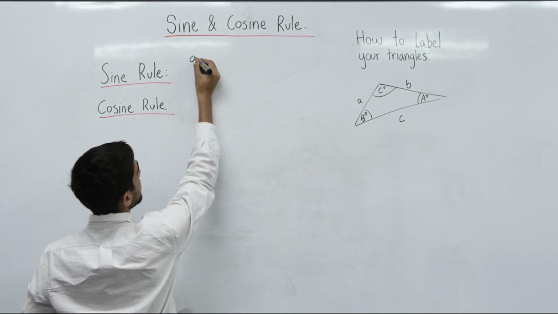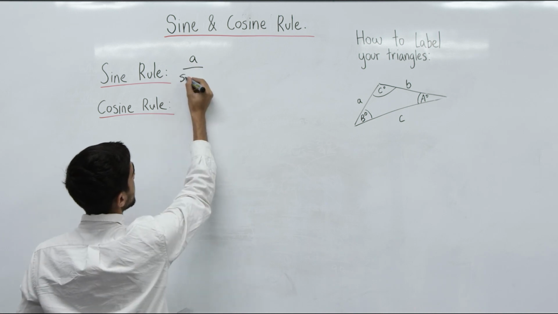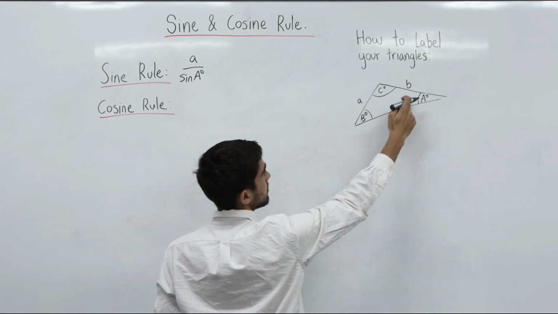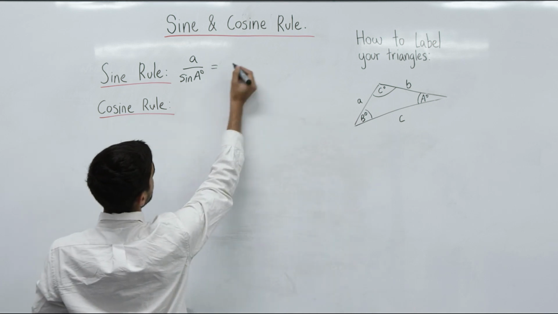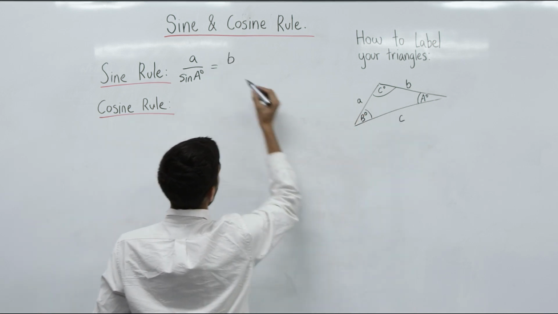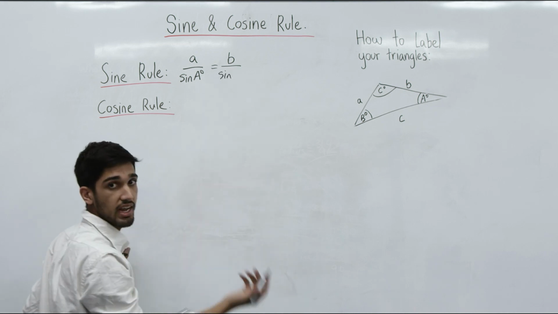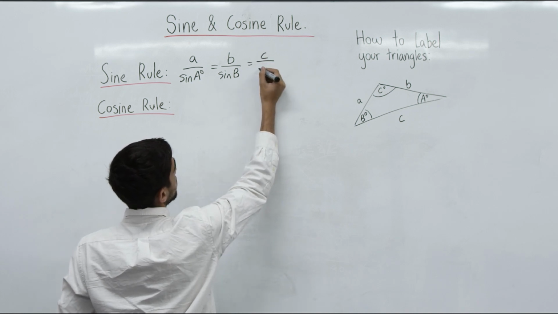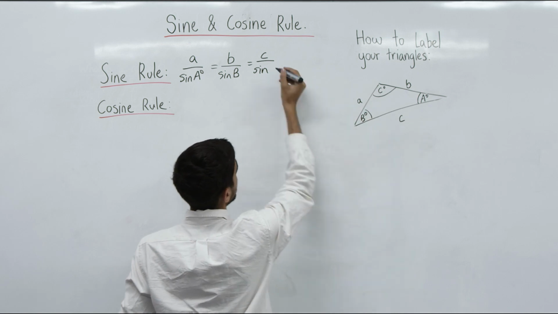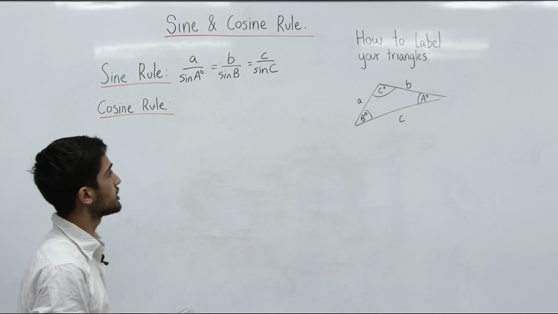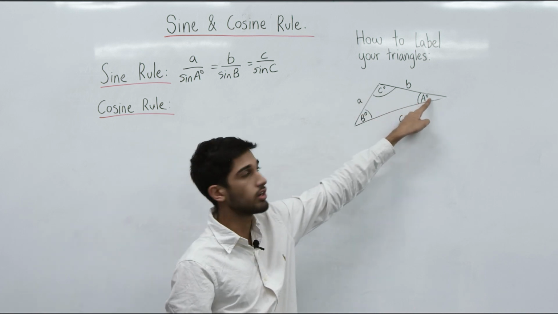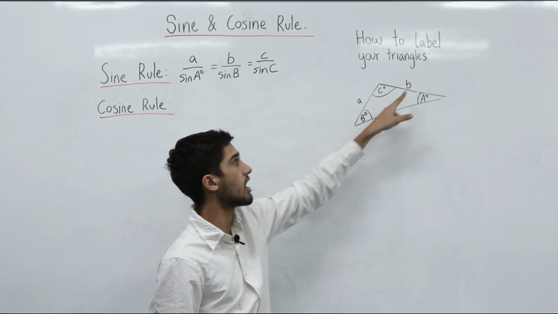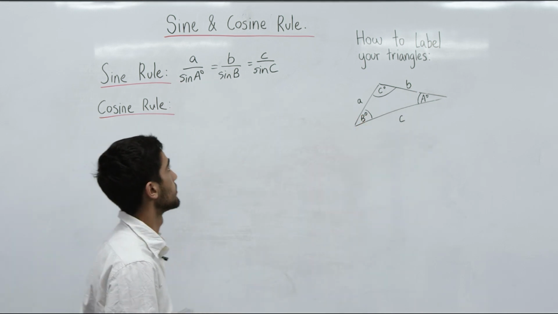We have the side length a divided by the sine of the matching angle A. So the length a divided by the sine of angle A is equal to the length b divided by the sine of its matching angle B, and that's equal to the side c divided by the sine of its matching angle C. So what this means is the ratio of any side to the sine of its matching angle is equal to the ratio of any other side to the sine of its angle within a triangle.